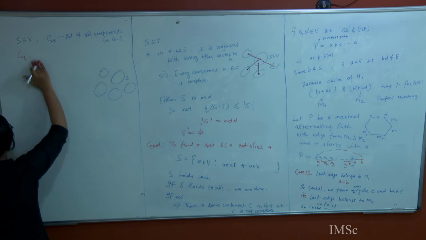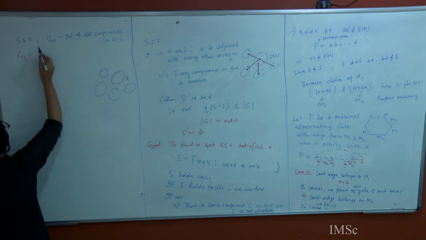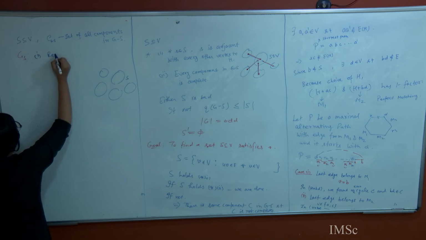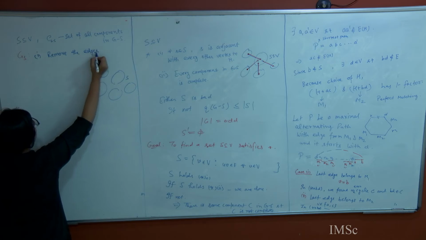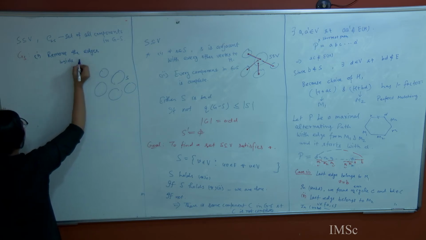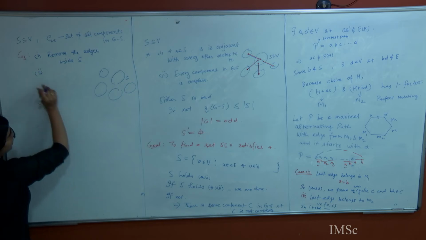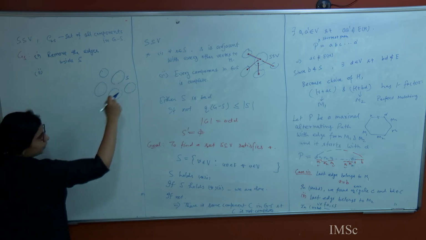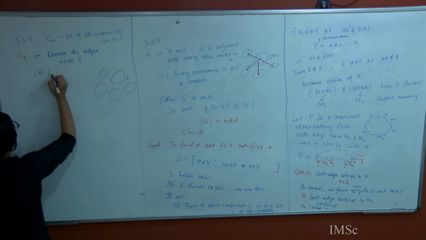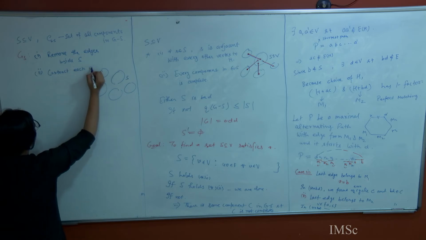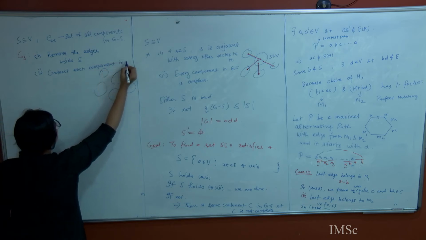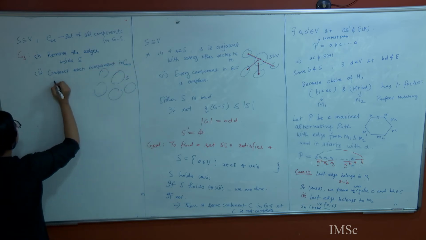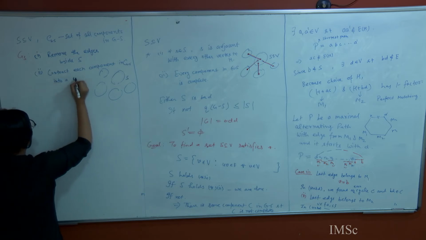First is to remove the edges inside S, and the second operation is to contract each component in CG minus S into a single vertex.